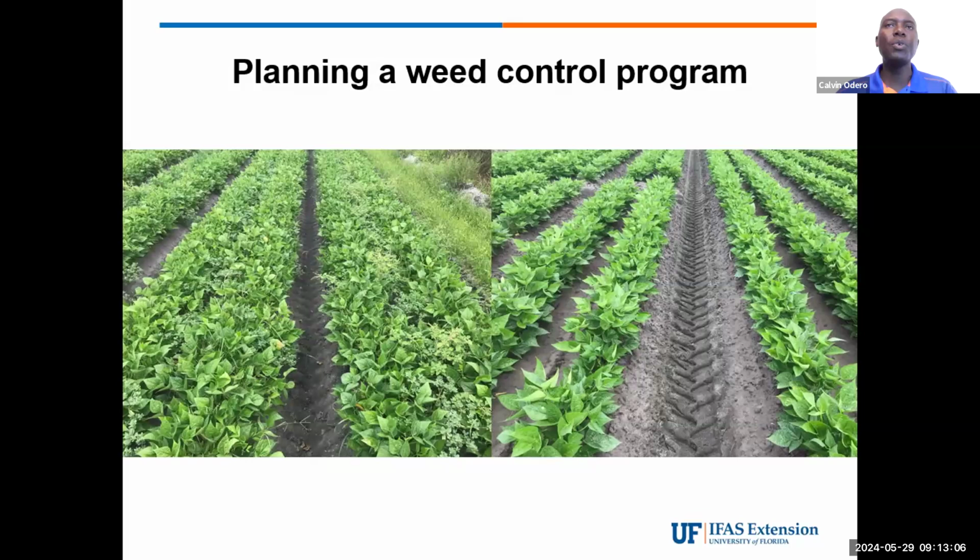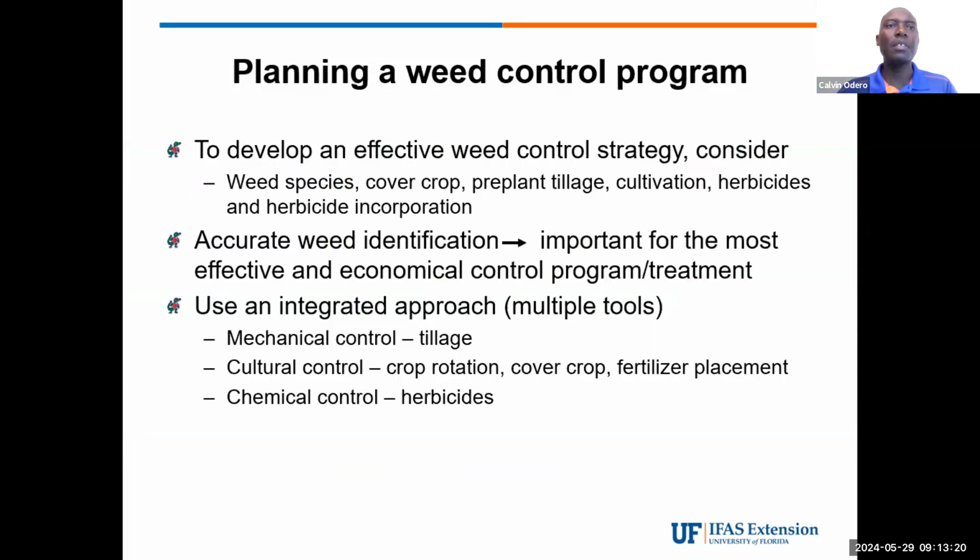So how do you plan for an effective weed control program where you end up moving from a field, this is not even very weedy, to a field that is as clean as the one on my right side? So to develop an effective weed control strategy, it's always important to consider what weed species are present in the field.